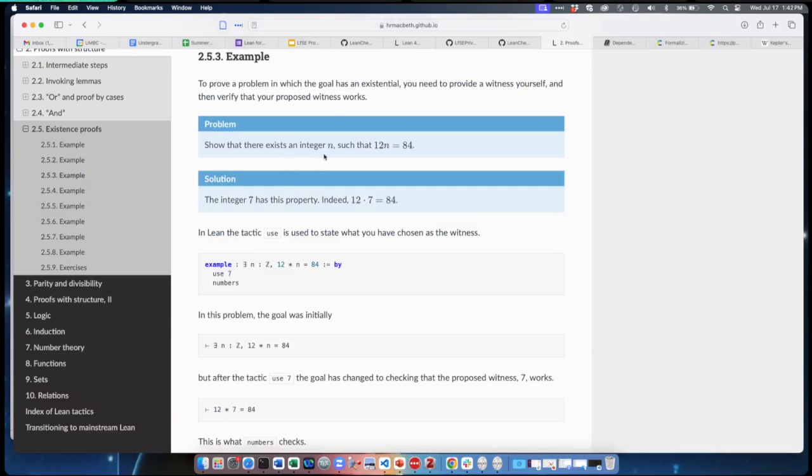Show that there exists an integer such that 12n is equal to 84. Exists n as an integer such that 12 times n is equal to 84.